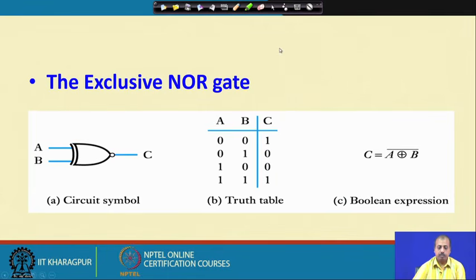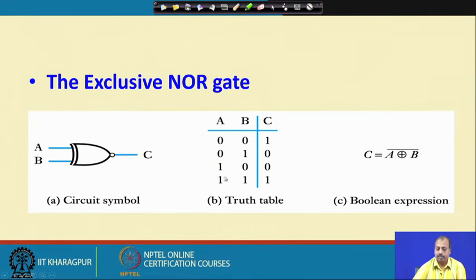Next we will look into the inverted version of XOR, which is known as the XNOR gate, the exclusive NOR gate. This is NOR, but exclusive. In a NOR gate, whenever any of the inputs is equal to 1, the output was equal to 0.